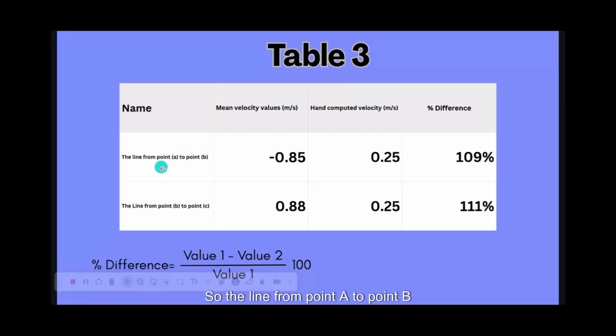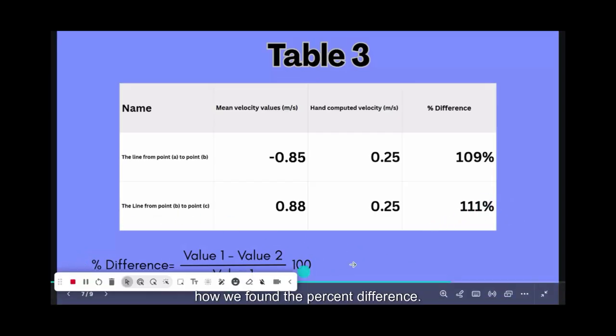So the line from point A to point B, we had calculated a negative 0.85 from when we created our graph, and from our hand calculation was 0.25, so that gave us a difference of 109%. And then the line from point B to point C was at 0.88, and the hand computed velocity was at 0.25 meters per second, which gave us a 111% difference. And this is how we found the percent difference.